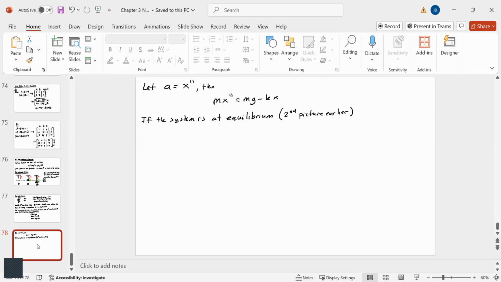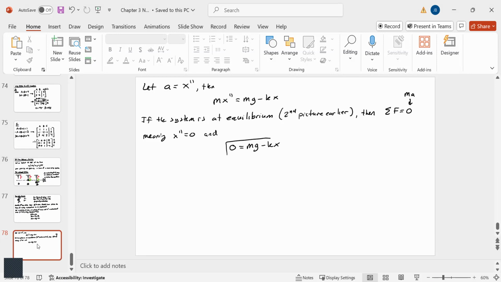So if the system is at equilibrium, then the sum of the forces is going to be equal to zero because mass times acceleration is zero, because x double dot is zero, and we get zero equals mg minus kx.